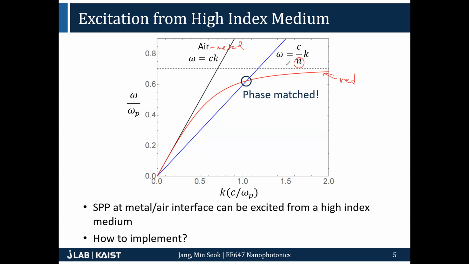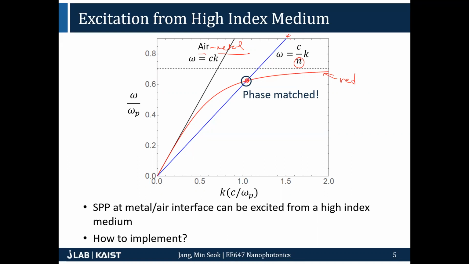In that high index medium, a regular free wave has this type of low slope light line, right? So the surface plasmon of the air metal interface and the free wave in a high index medium actually intersect, giving a phase matching condition, right?